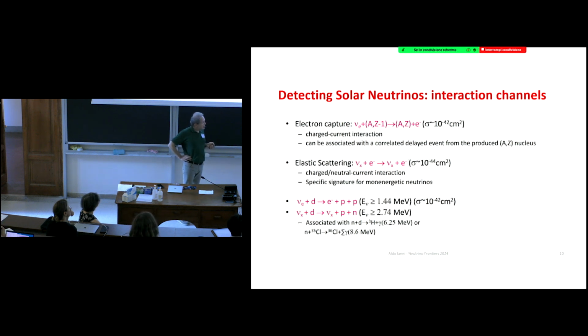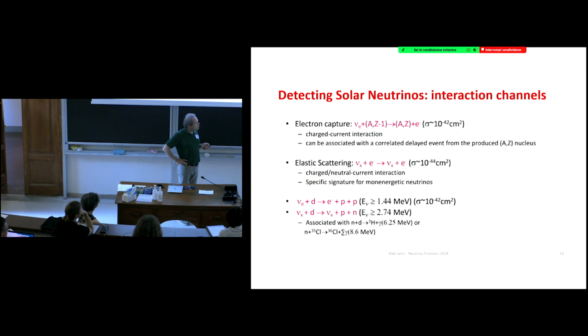Then you have elastic scattering, which has a smaller cross-section and is a mixture of charged and neutral currents. What you observe is the ionization produced by the electron in the target detector. Or you can have other processes. For example, if we use heavy water as a target, one can consider interaction on the deuteron, the charged current, and we observe the ionization of the electron, because the ionization of the proton in water or in liquid scintillator is quenched in such a way that the amount of energy released is very small.